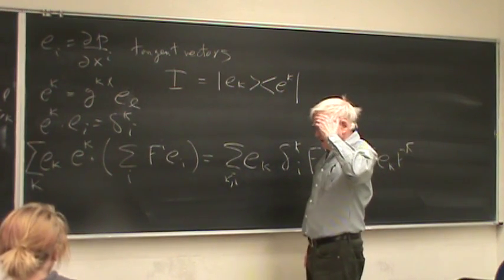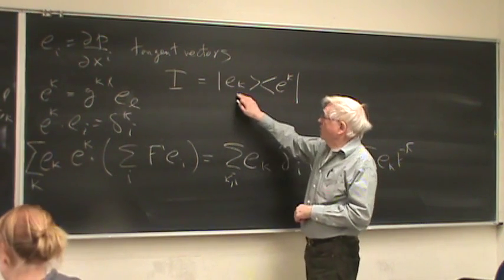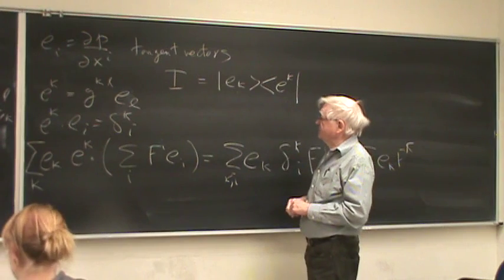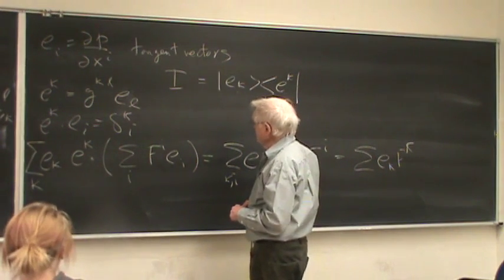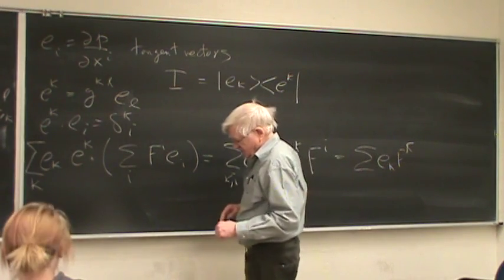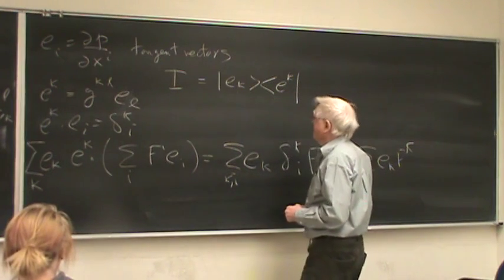You people weren't in 466, so let me explain this Dirac notation here. Let's explain it in the simple case of just ordinary Euclidean space.